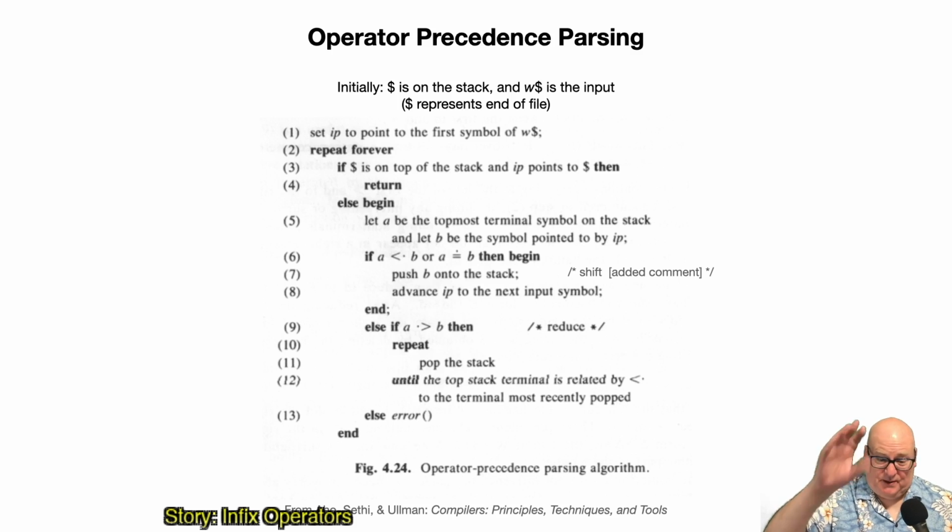So build the table, use the table with this algorithm on our expression that's really just a list of expressions. And I think that's going to be our W, our input stream, and it's going to look like function call plus value times value.